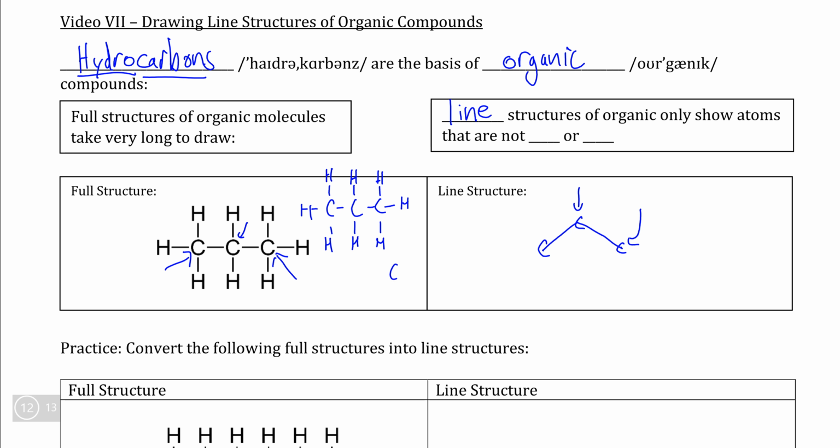And basic chemistry knowledge tells us that carbon is able to form 4 bonds, so the only bonds that are shown are represented by the lines themselves. So this is a carbon-to-carbon bond, and this is a carbon-to-carbon bond, and all of the other bonds are assumed to be a bond between carbon and hydrogen, with the assumption that carbon is able to make 4 bonds.